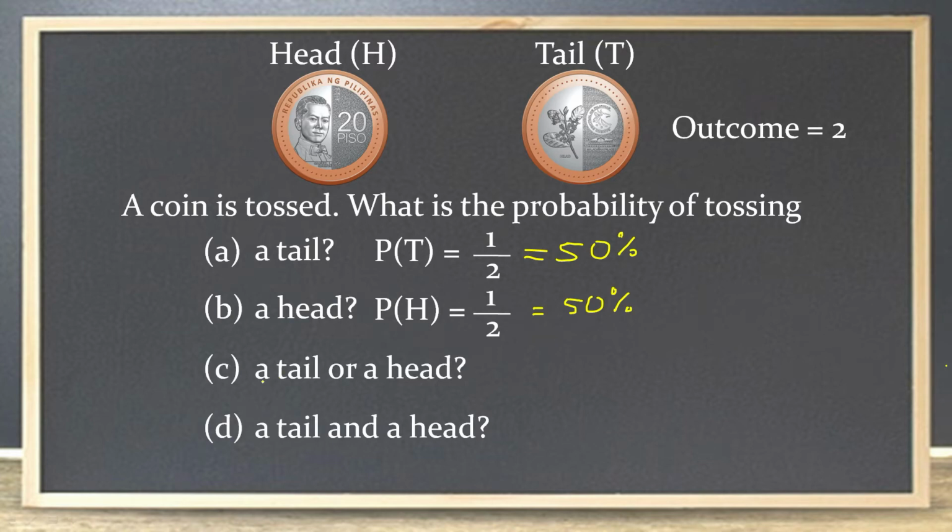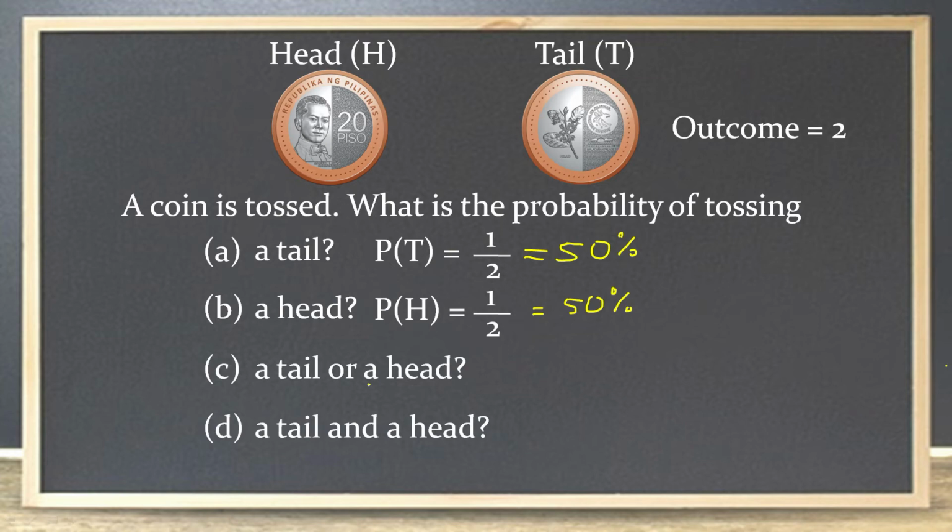All right, so C says a tail or a head. What's the event for this instance? For this instance, the event is actually 2, because if a head appears, it satisfies this instance. If a tail appears, it also satisfies the instance, because it says a tail or a head. So either a tail or a head can appear.